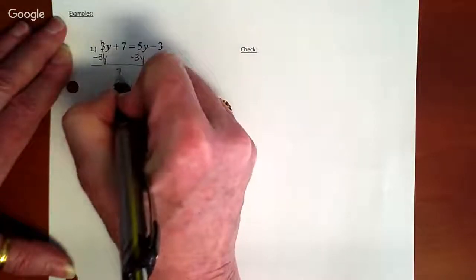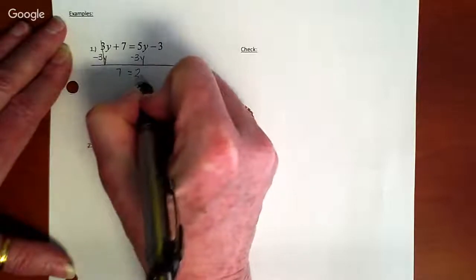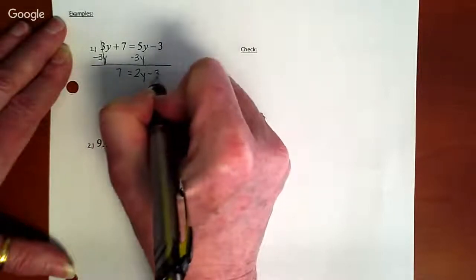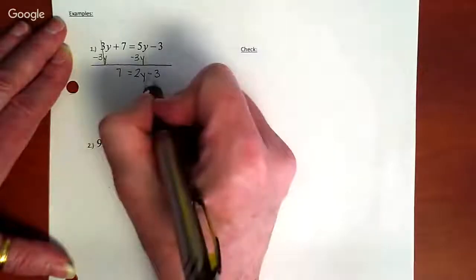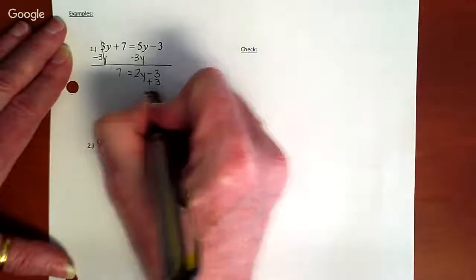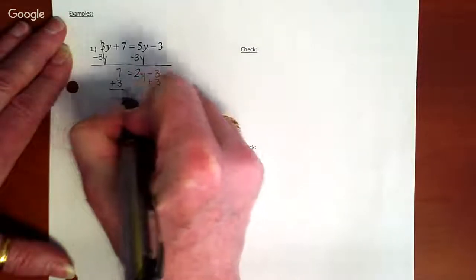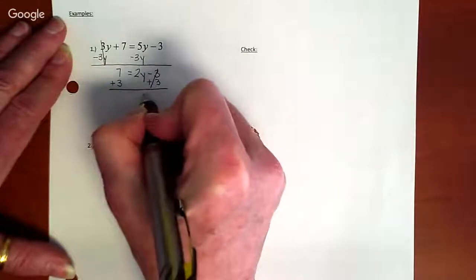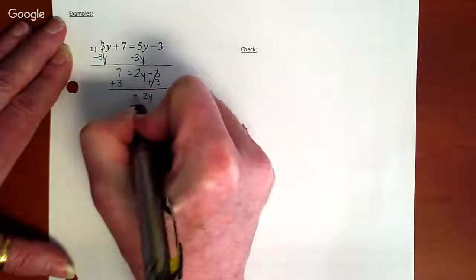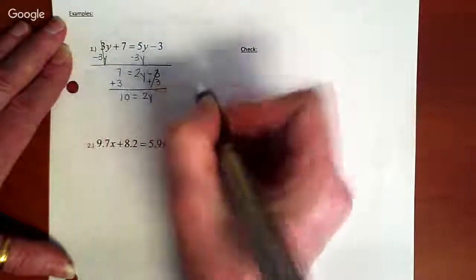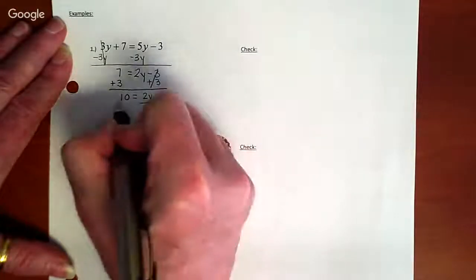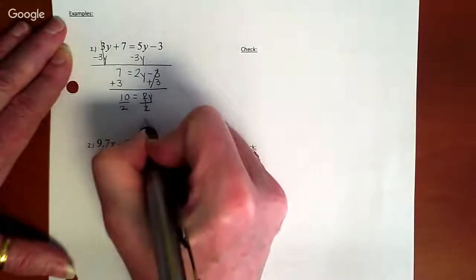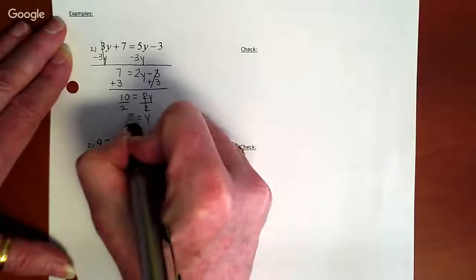So now I have 7 equals 2y minus 3. My next step is to add 3 to both sides. So here I get 2y equals 10. So divide both sides by 2. y equals 5.